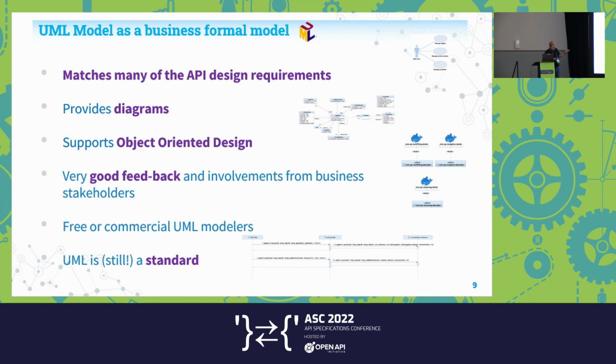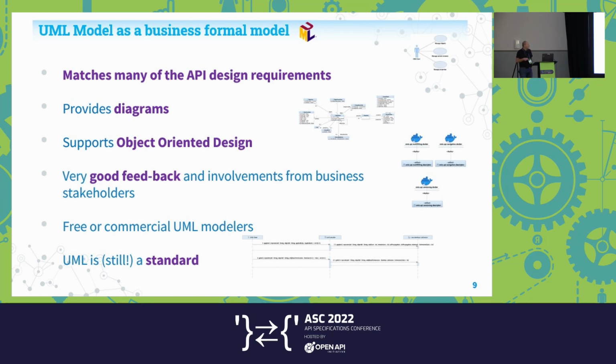Then it matches many of the API design requirements. We have talked about population, business entity. It provides diagrams. When I work with business analysts, in fact, we work on diagrams. The diagrams allow us to build a UML model, but we work very, very much on diagrams.